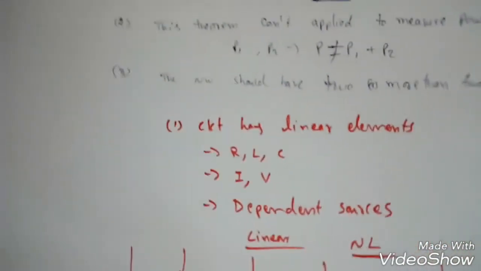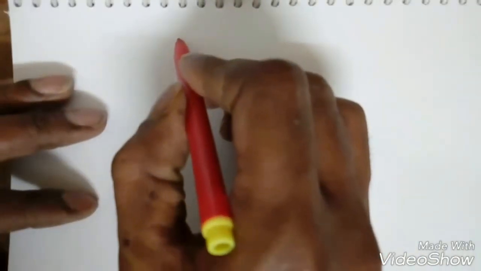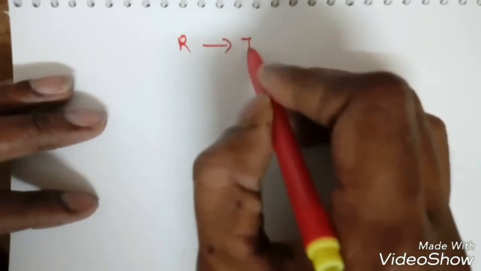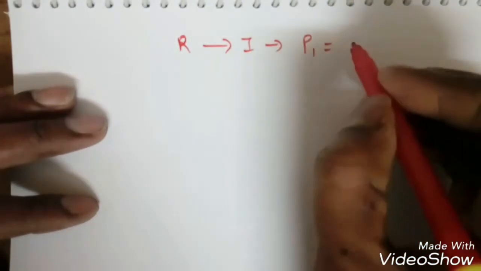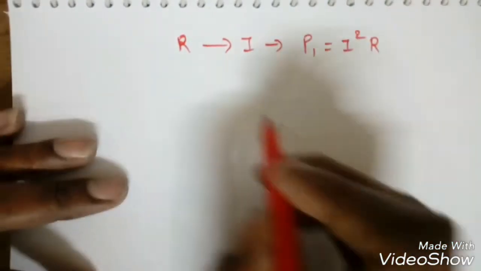Now we will prove why we cannot apply the superposition theorem for power calculations. Suppose in a network there is a resistance and the current across the resistance is I. So P1 is equal to I square into R, right?